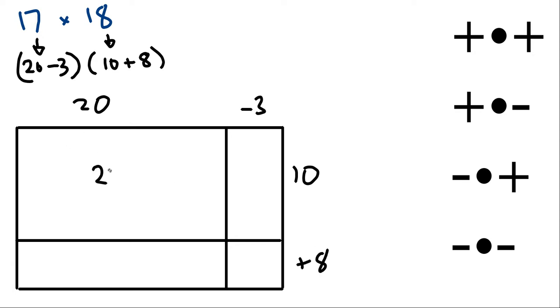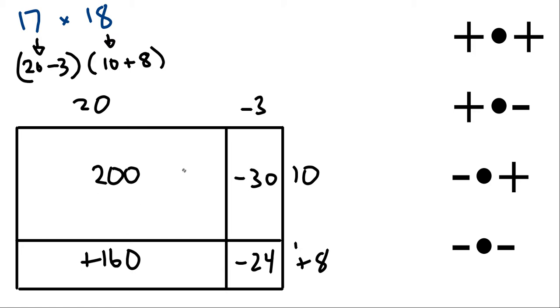We already knew 20 groups of 10, 200. 10 groups of negative 3, minus 30. 8 groups of 3 is minus 24. And lastly, 8 times 2, 16, add a 0, plus 160.